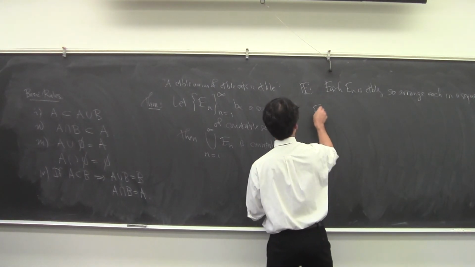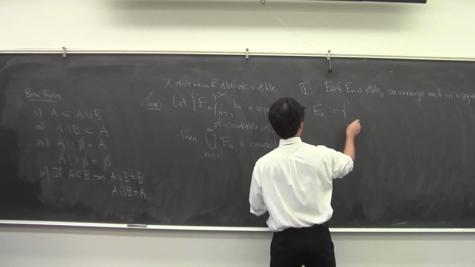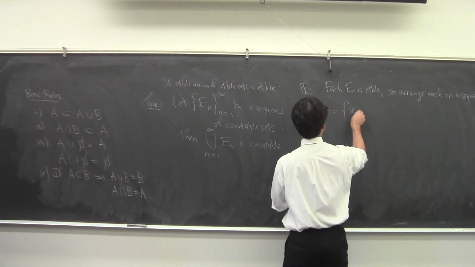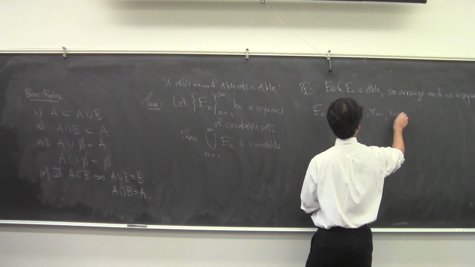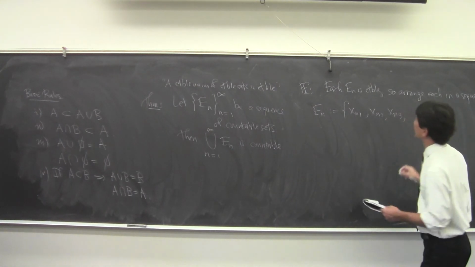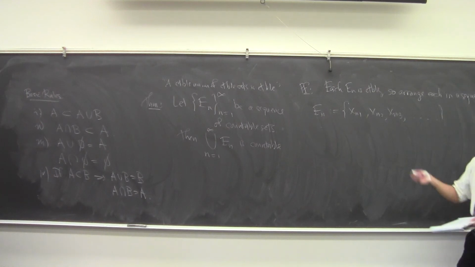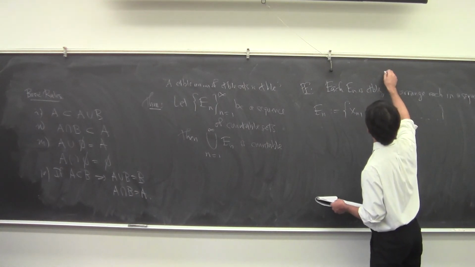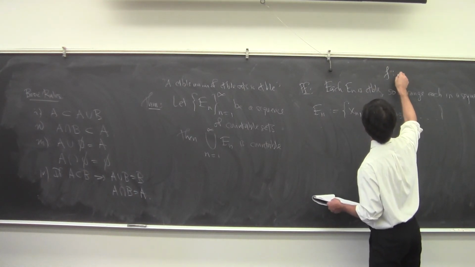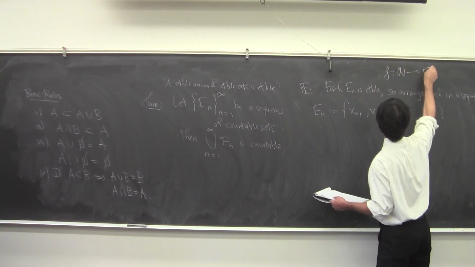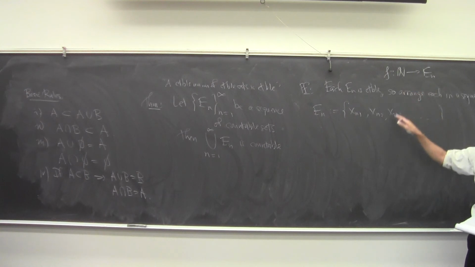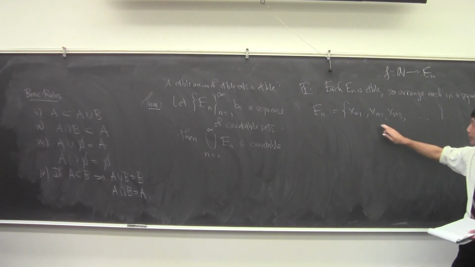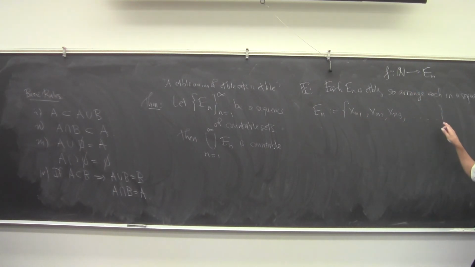So E sub n can be put into a sequence, x of n1, x of n2, x of n3, et cetera. It's countable, right? So we know that there exists a bijection from N to E sub n. Well, this bijection from N to E sub n is a sequence, right? So use that sequence and write it down.